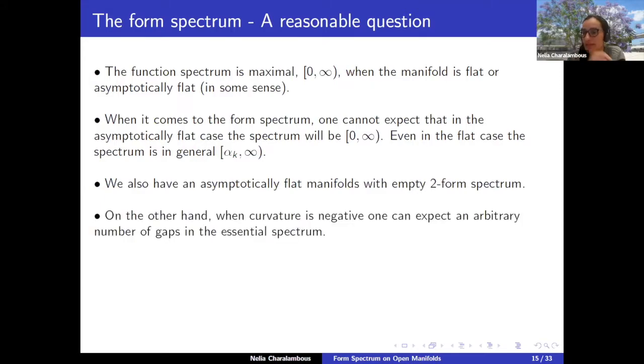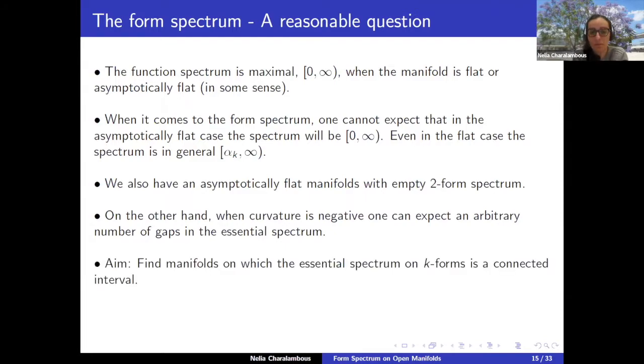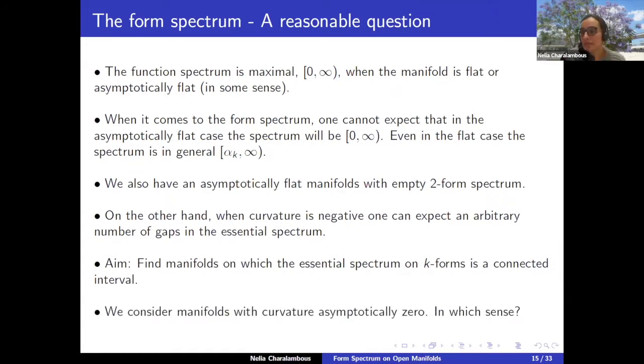On the other hand, in negative curvature, we can expect an arbitrary number of gaps in the essential spectrum. So a reasonable question to ask is, what are now manifolds over which the essential spectrum on forms is a connected interval? So what we did was we considered what we thought would be a reasonable candidate: manifolds with curvature asymptotically 0.